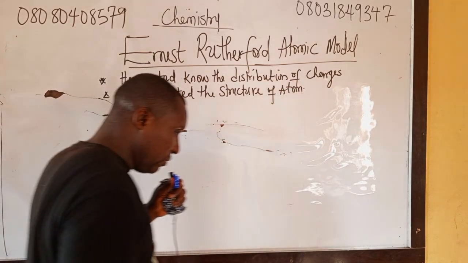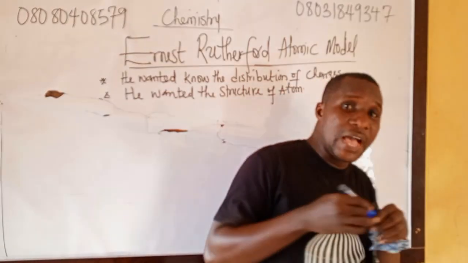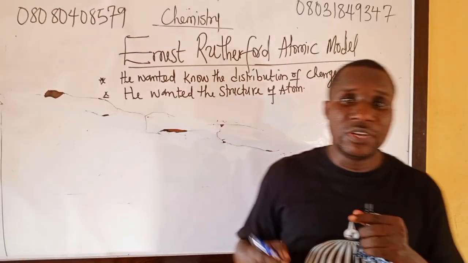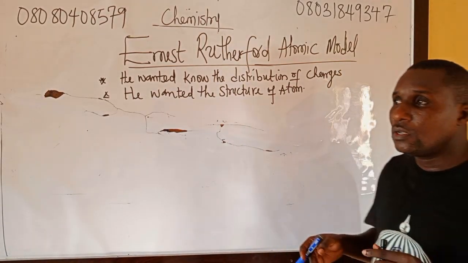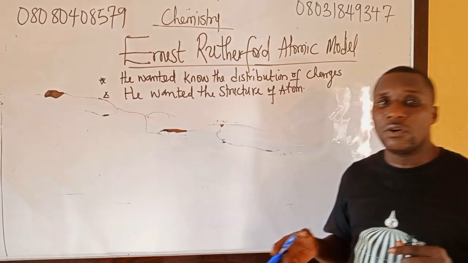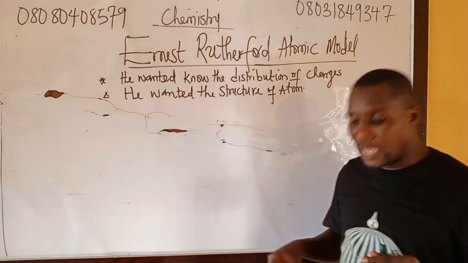These are the two reasons behind Ernest Rutherford experiment. He wanted to know the distribution of charges in the atom, and he wanted to know the structure of the atom.